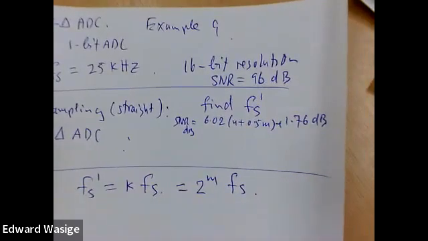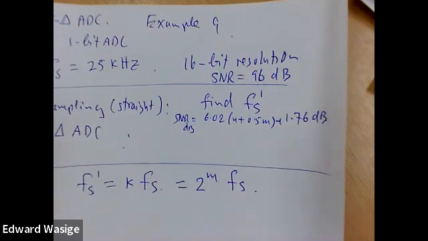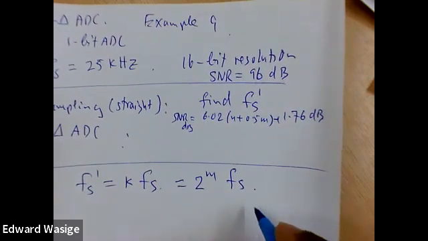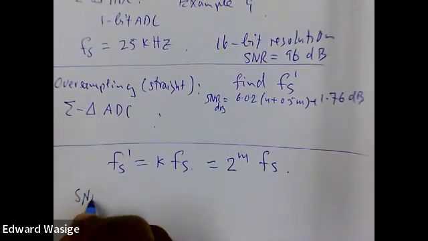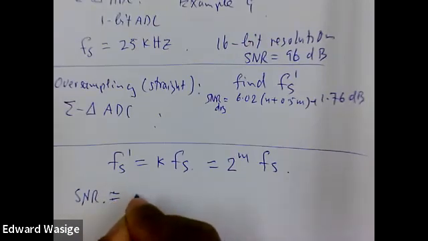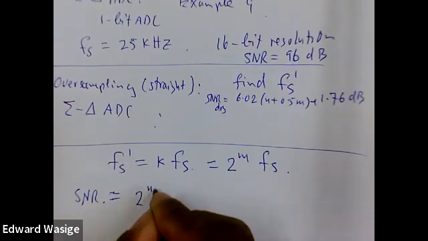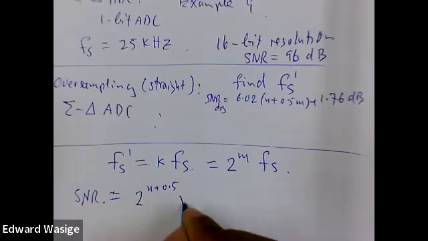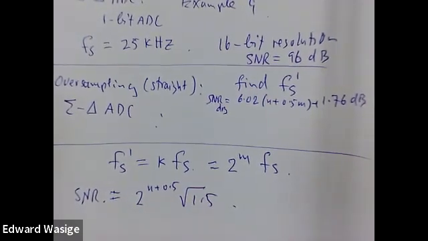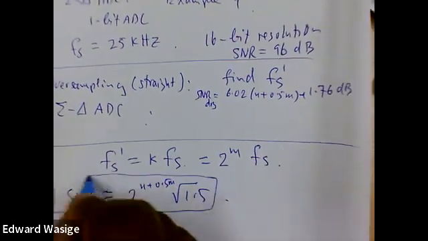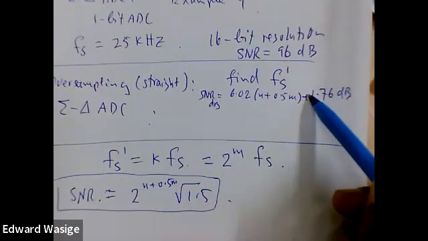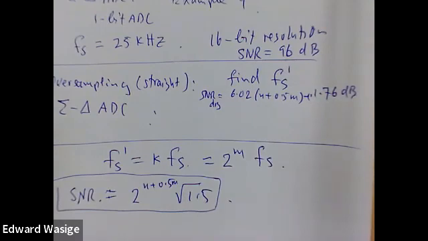That is the signal to noise ratio for straight oversampling. Or I could write it here also, SNR for straight oversampling was equal to 0.5 root 1.5, and if we convert it into decibels, it gives us that expression.